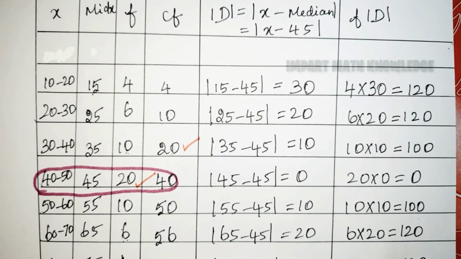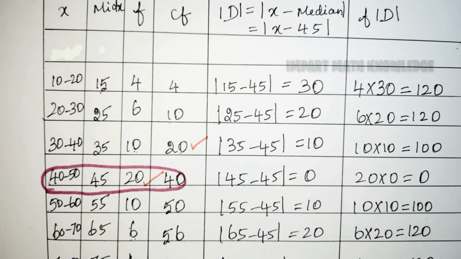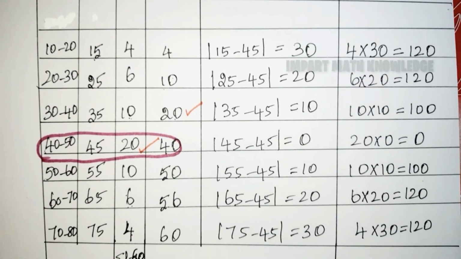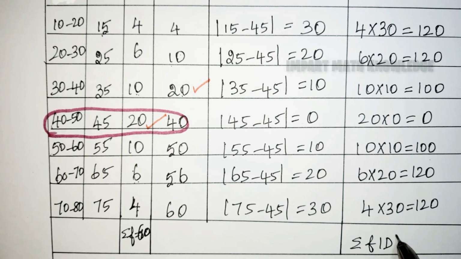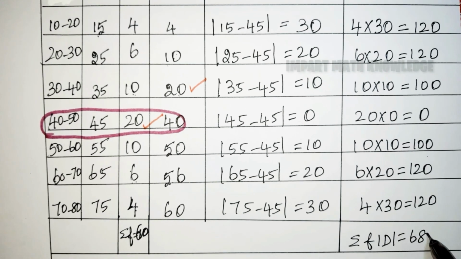After multiplying f with the mod D, you have to take the total. Summation f mod D is equal to 680.